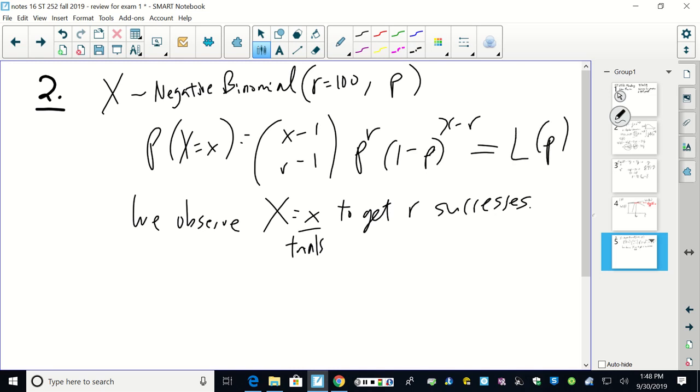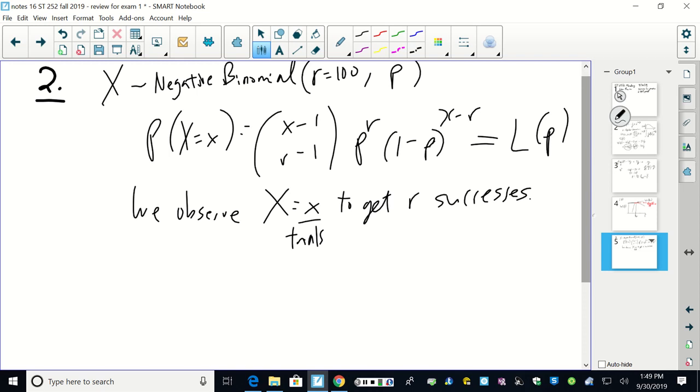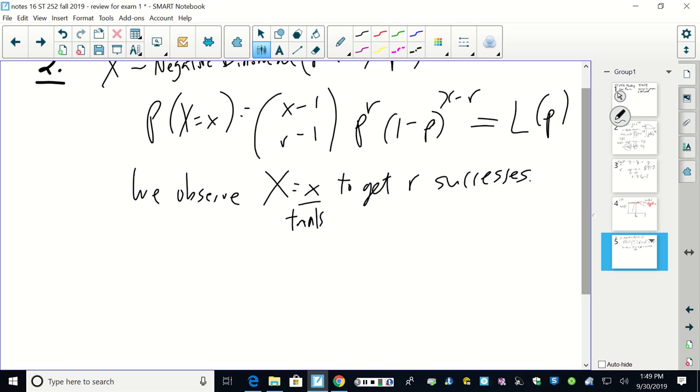So this wording of this one is just a little bit funnier. But if you do this one, what do we do? If that's the likelihood, we're going to take the logs of it and take a derivative with respect to p and set that equal to 0. We're maximizing it.